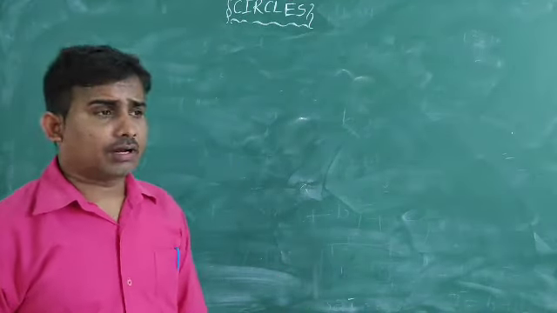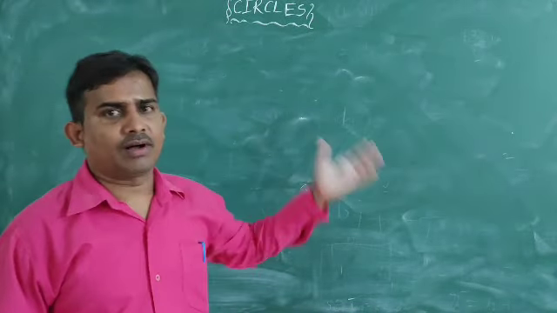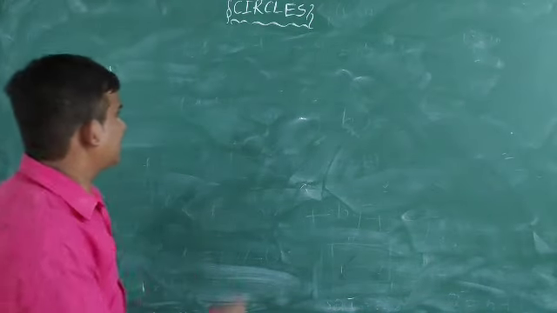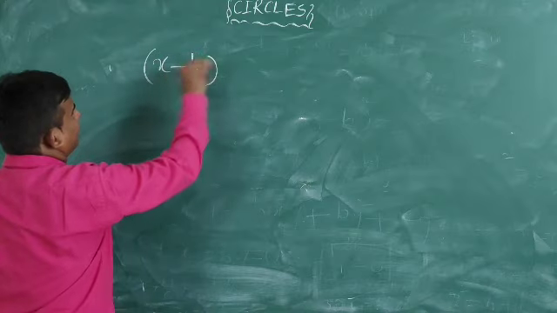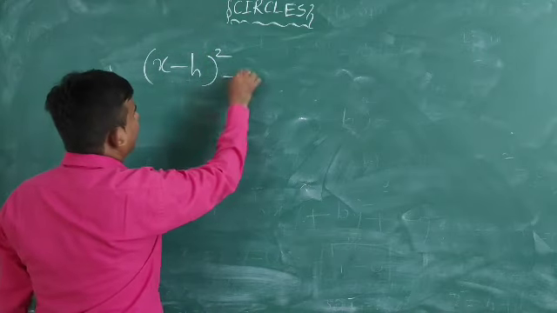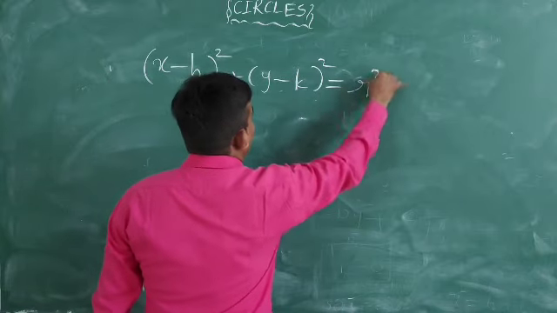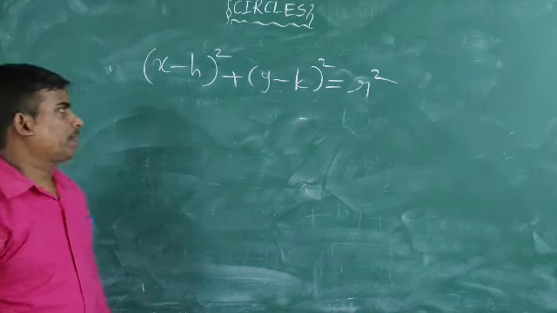In this video I will try to explain the properties of the circle and the different forms and different cases, etc. Okay, in our last class we learnt one thing, that the equation of the circle with center (h, k) and radius r is (x − h)² + (y − k)² = r².